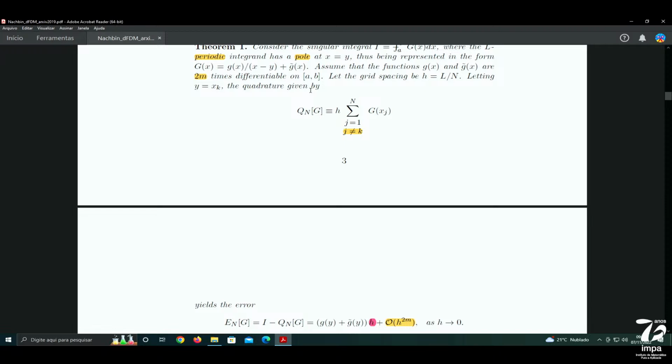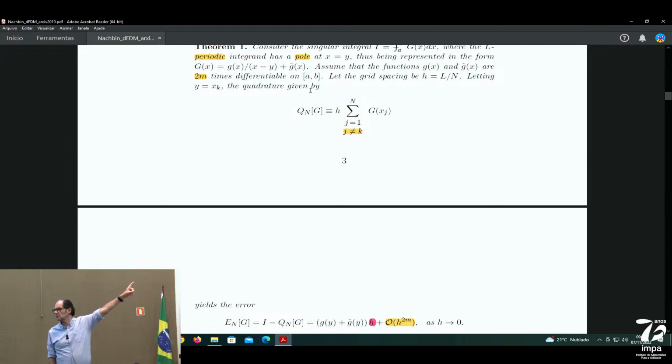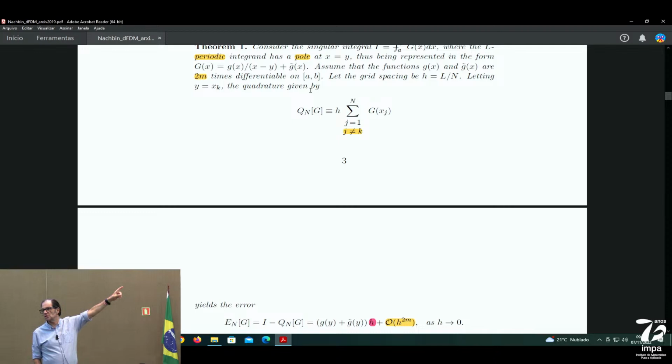So they say that this quadrature here, which look, it's like the Krasny one. It just skips one point, j different from k. Okay? So this quadrature skipping one point is first order. Okay, here it is. It yields the error E of n, which is first order, which is the value of the little g's, g and g tilde at the pole, right?